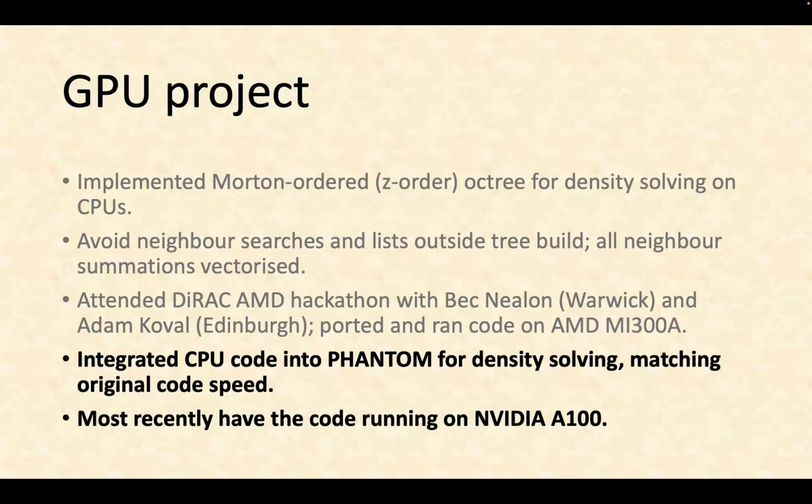The next step in my project was to integrate my CPU code into Phantom. So I've run now on Phantom, and what I did was build both trees, my tree and Phantom's tree, and then I did the density solve with the CPU version of my code, the vectorized code, and we got basically comparable speed, a tiny bit faster with my code.